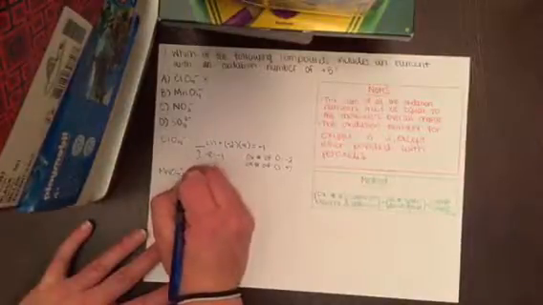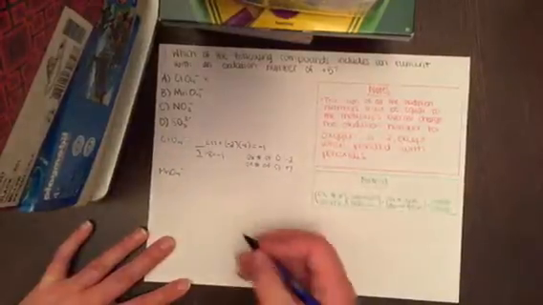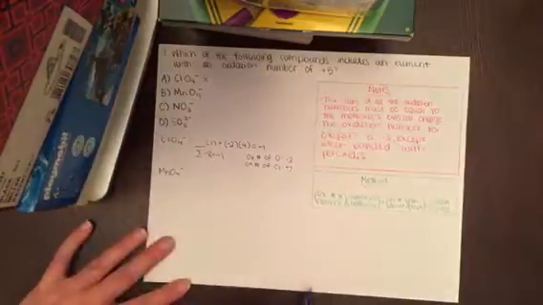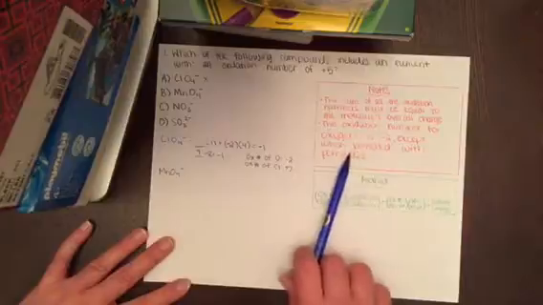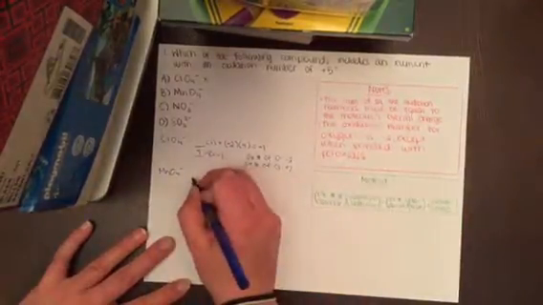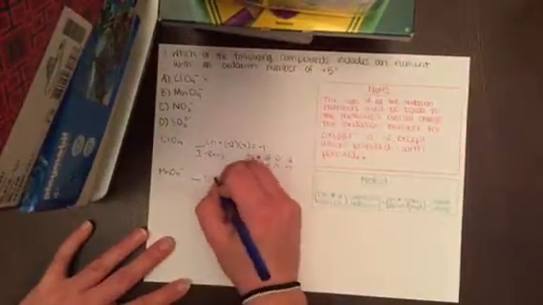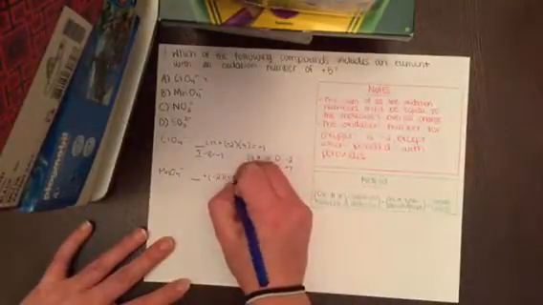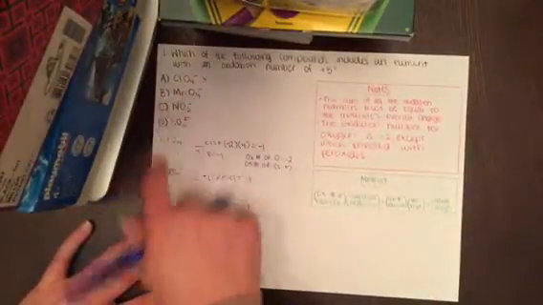MnO4 minus. And we're going to use the same formula that we just used here, except of course with different numbers. So we don't know the oxidation number of Mn yet. We're trying to figure that out, but we do know the oxidation number of oxygen because of our rules. So we'll do blank plus -2, because that's the oxidation number of one oxygen, times 4 because there's 4 oxygens in this compound, is equal to -1 because that's the overall charge of this compound.